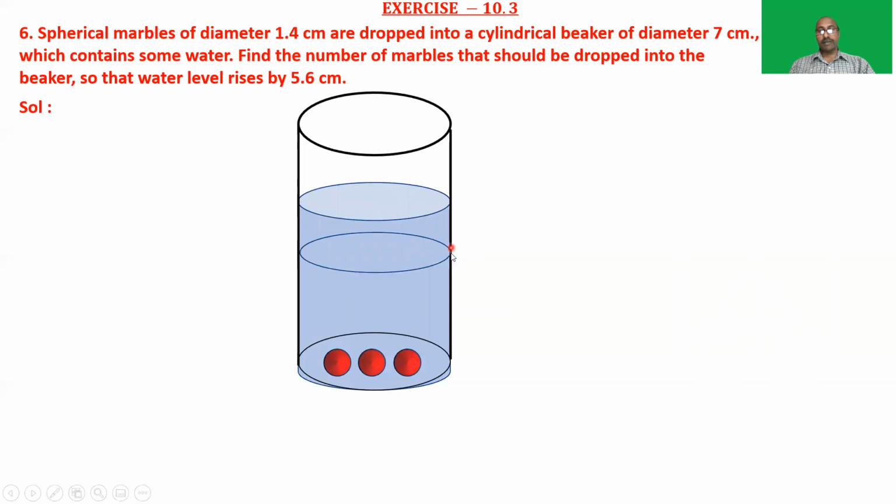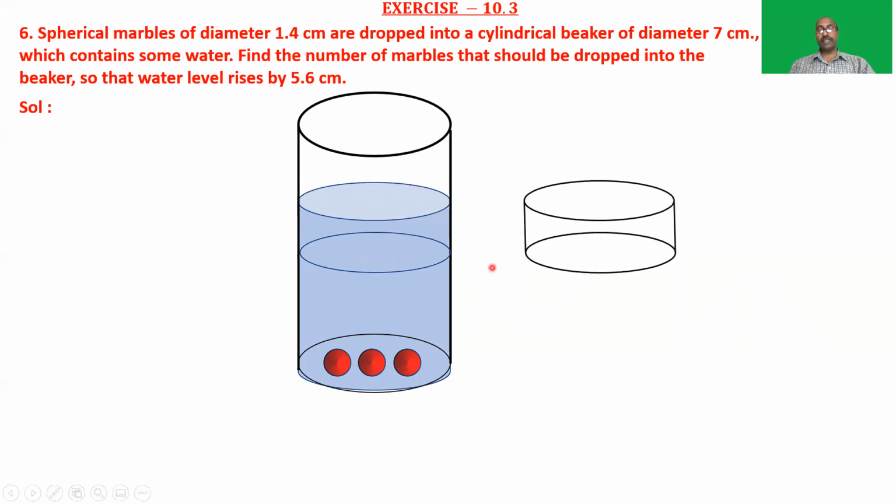So now this is the previous level and this is the level of the water after dropping the marbles into the water. So now the shape of water raised is in the shape of a cylinder, like this, isn't it?